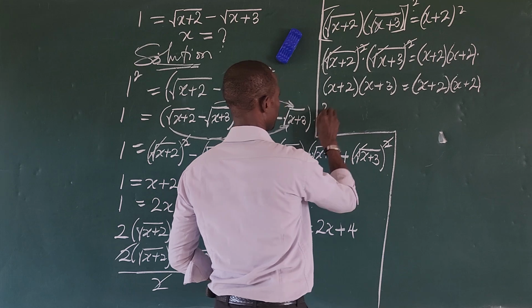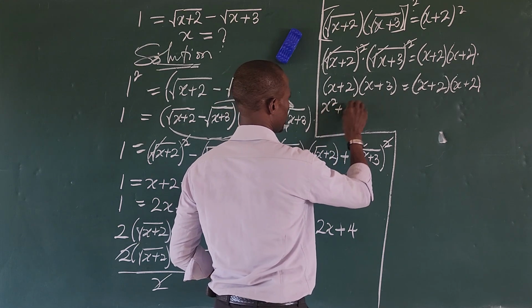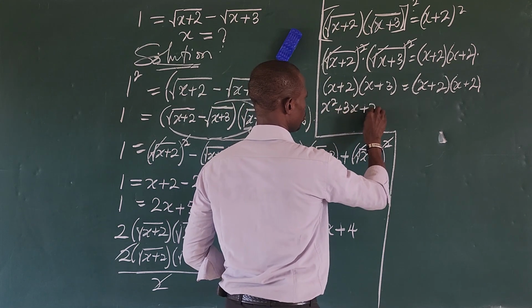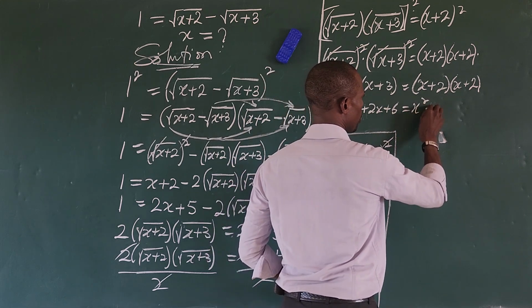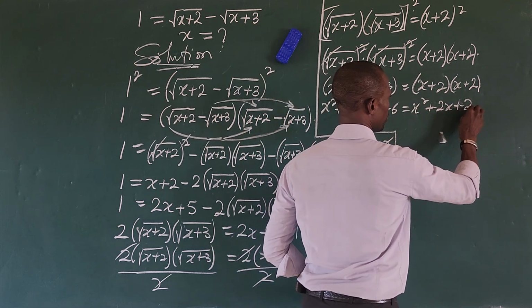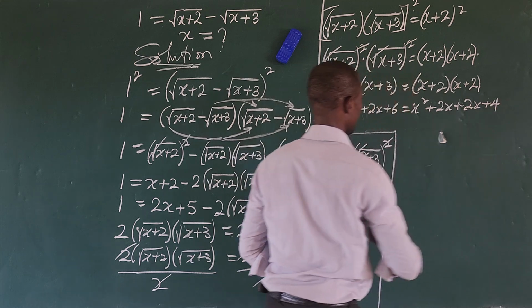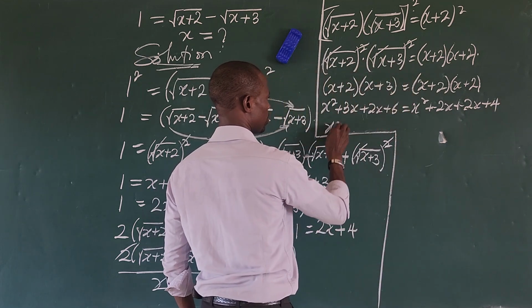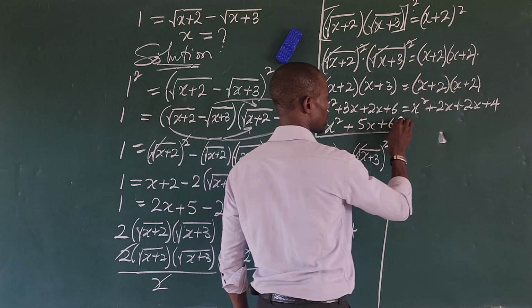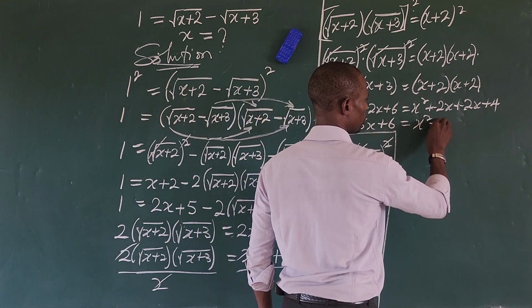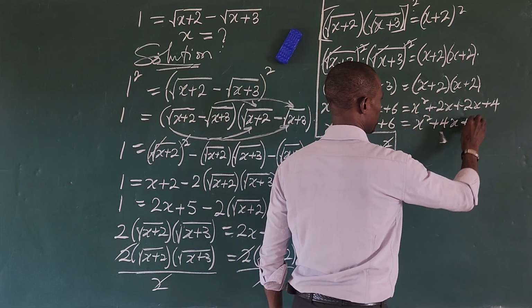This will give us x to the power of 2 plus 3x plus 2x plus 6, equal to x to the power of 2 plus 2x plus 2x plus 4. Right? So if we sum this up, this is going to give us x to the power of 2 plus 5x plus 6, equal to x to the power of 2 plus 4x plus 4.